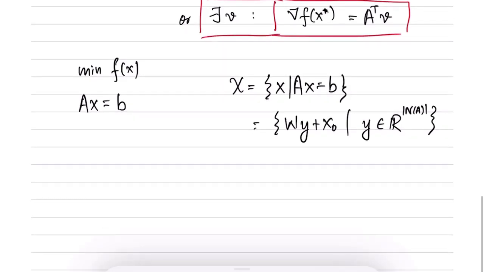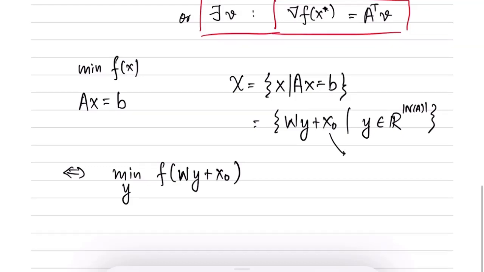With this representation, we can always write this optimization problem as minimize with respect to y, an unconstrained problem of f of Fy plus x naught. Remember that x naught is a particular solution, right?